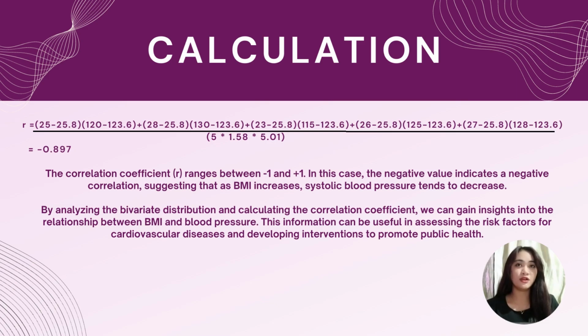The correlation coefficient ranges between negative 1 and positive 1. In this case, the negative value indicates a negative correlation, suggesting that as BMI increases, systolic blood pressure tends to decrease. By analyzing the bivariate distribution and calculating the correlation coefficient, we can gain insight into the relationship between BMI and blood pressure. This information can be useful in assessing the risk factors for cardiovascular disease and developing interventions to promote public health.